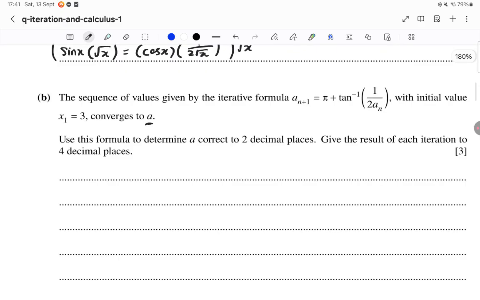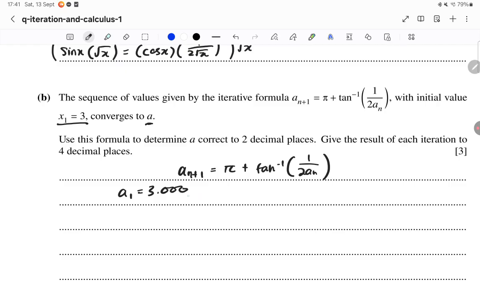Okay, so we're going to use the same formula given here to us, which is π plus tan inverse of 1 over 2√an. Okay, so our first iteration will be, of course, the first x value, which is 3.0000, since it has 4 decimal places. And for a2, we're simply just going to use the formula and put it in our calculator.